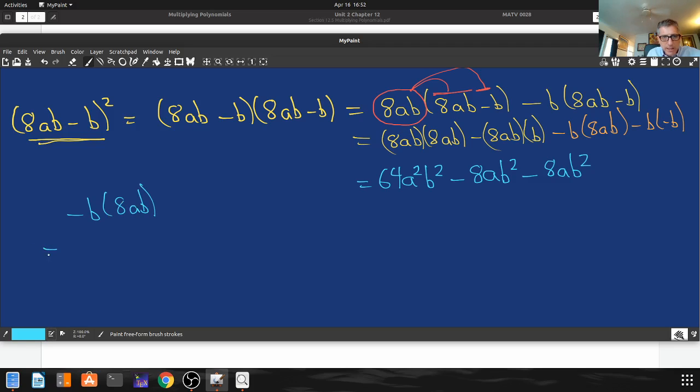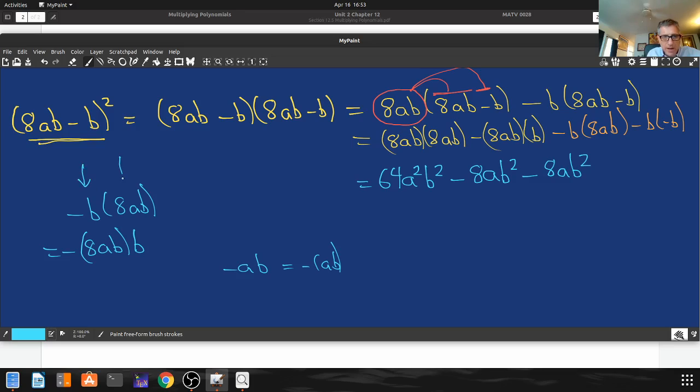Well, that's equal to minus 8ab times b. What property justifies this? Well, the fact that minus a times b is equal to minus ab. So that's how I get the minus out there at the front. And then it's the commutative property of multiplication.